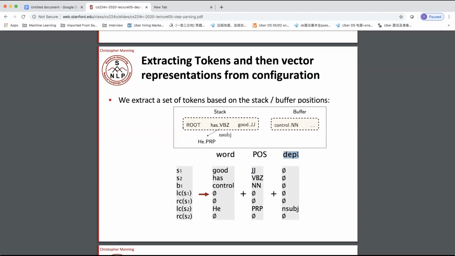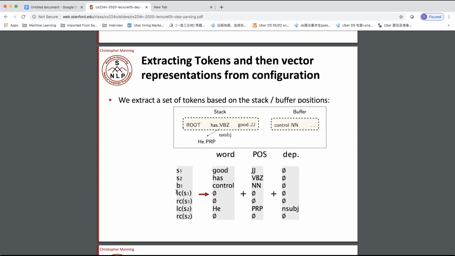So this is empty. Similarly, S2 has is a verb and no relationship. Control in the buffer is a nominal or noun and doesn't have any relationship yet. This is not the entire input we're going to use. We still have a little bit more to do.